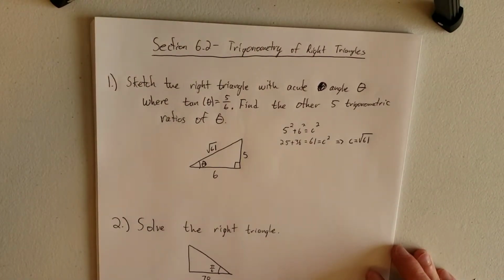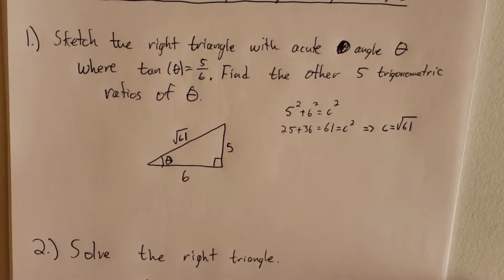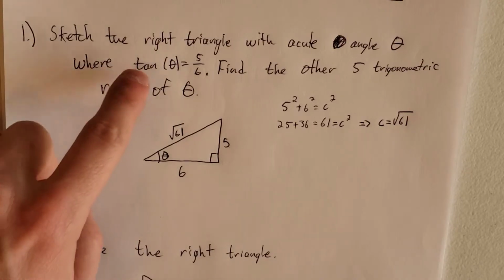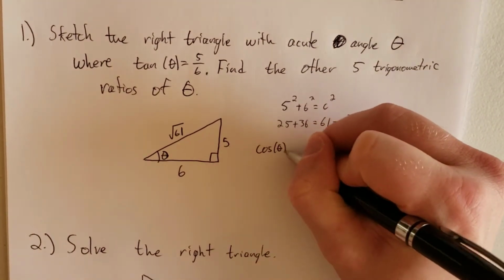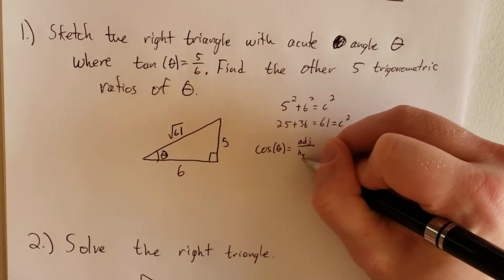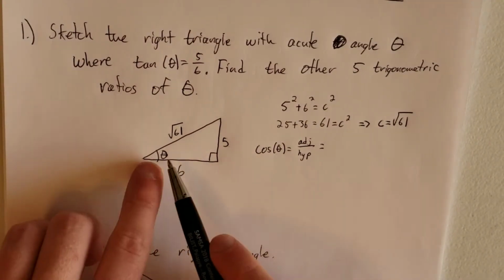Once we are done with that, then we need to fill in what the other 5 trigonometric ratios are. So we've got tangent. Let's fill in cosine here. Cosine of theta is adjacent over hypotenuse. Well, we fill this in relative to the angle theta, which is here.